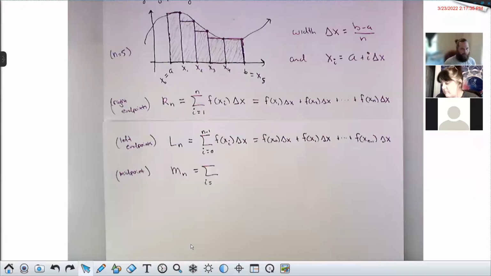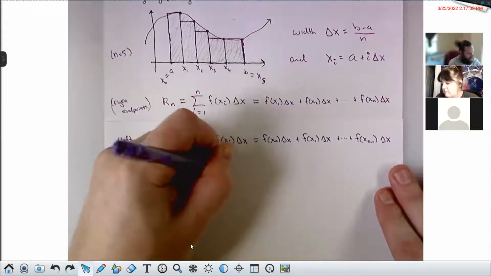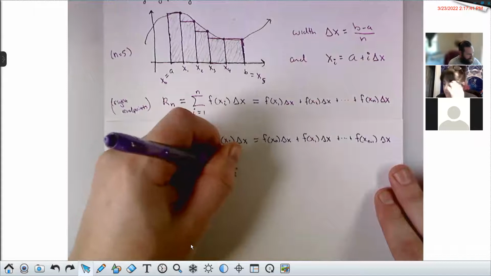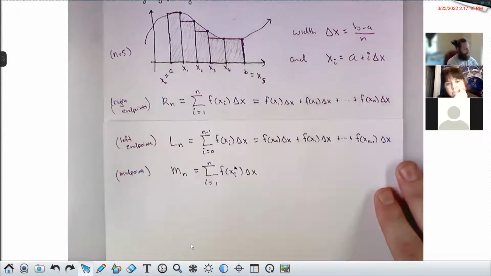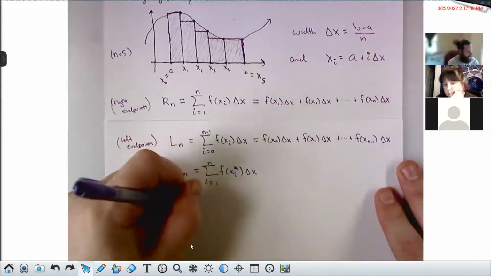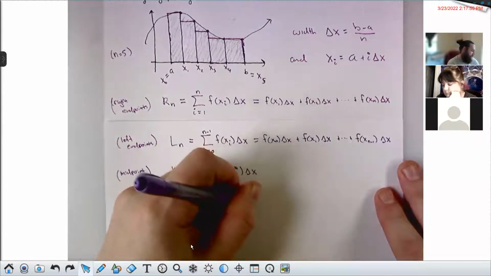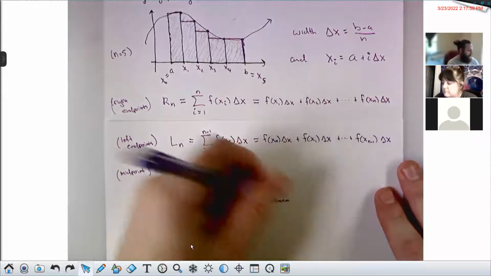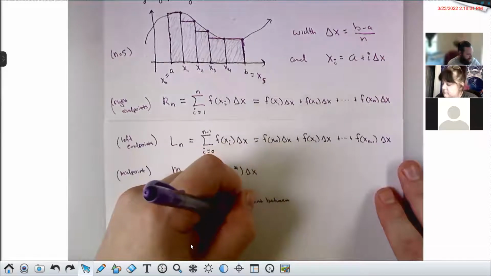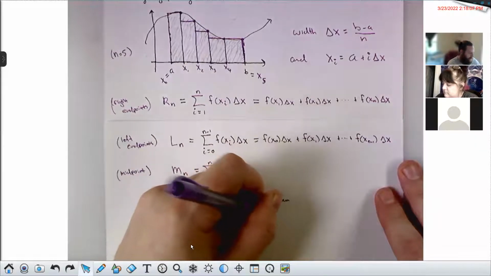And they go 1 to n of f of xi star delta x, where xi star is the midpoint between x sub i and x sub i plus 1.